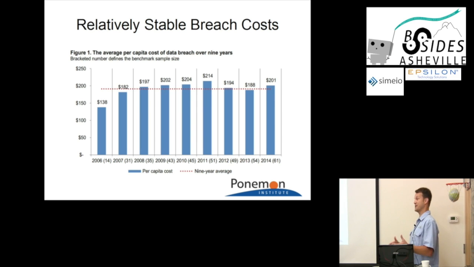So your actual cost is going to be more when you add all that up. But per record, it's surprisingly stable. You would hope that the price would go down, but so far it doesn't appear to be moving in that direction.